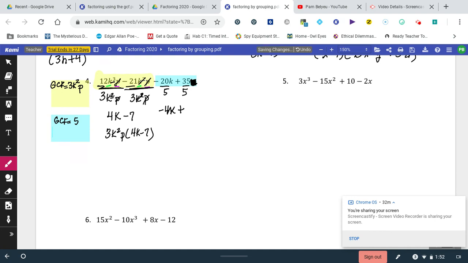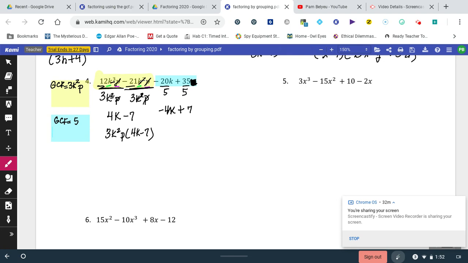Now look at these two. That's 4k minus 7. That's negative 4k plus 7. So I got a negative 4k, a negative 7, and a plus 4k. That's what happens if your leading coefficient is negative and you fail to make your GCF negative. Then your common binomial factor doesn't match.